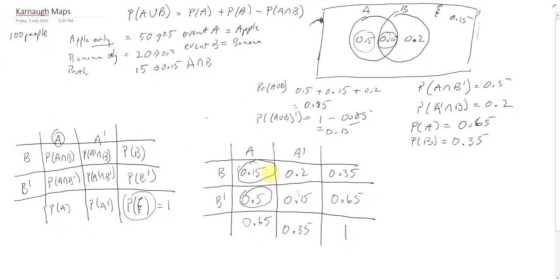Now here we have banana and not apple, 0.2, is the same. Now let's look over here. Probability of a banana, 0.35, that's the same. Probability of an apple, 0.65, that is the same. Okay, so that's good.